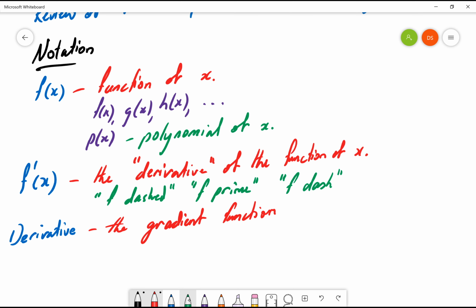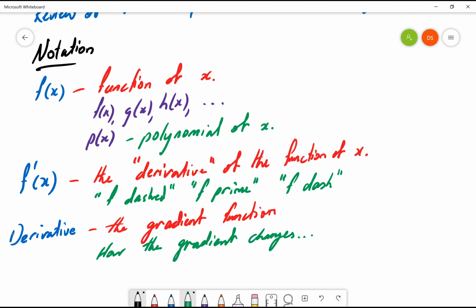Now the gradient changes. Okay, that's what that function is.